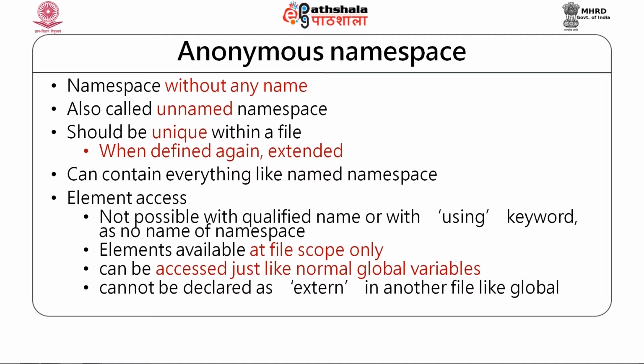We cannot use them with a qualified name, or we cannot even use them with the using keyword, and therefore, they are accessed just like normal global variables. Of course, the only difference is they cannot be declared as extern, because they are the items of the namespace and not of global scope.